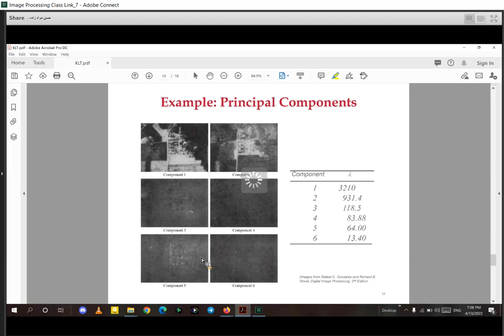They are, for example, like DC images, and don't have any information, and thus we can delete these 4 components and keep only these 2 components.